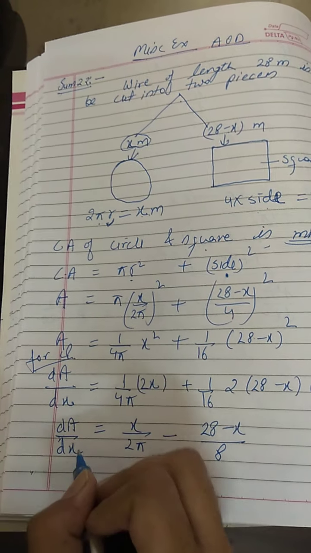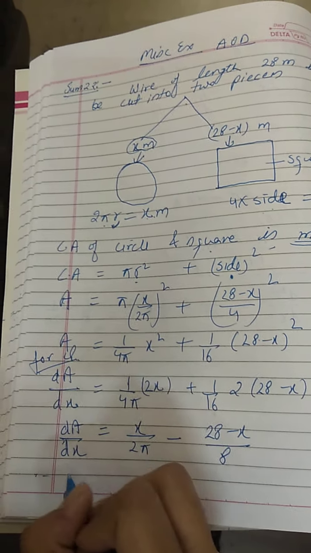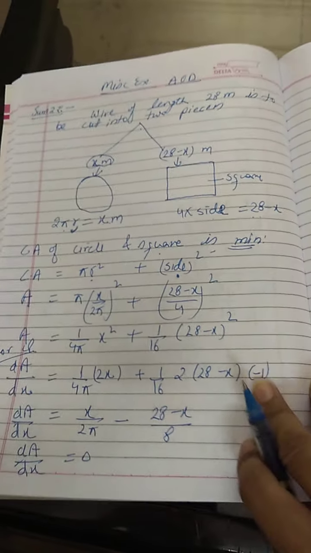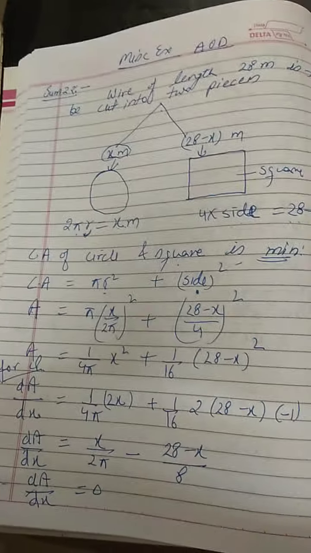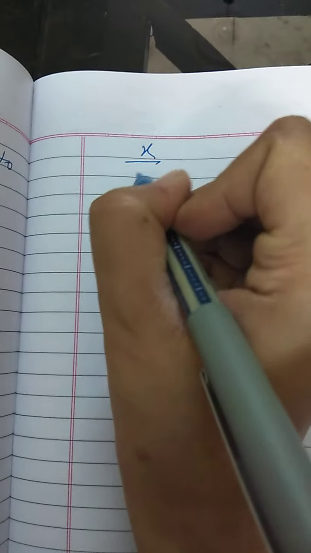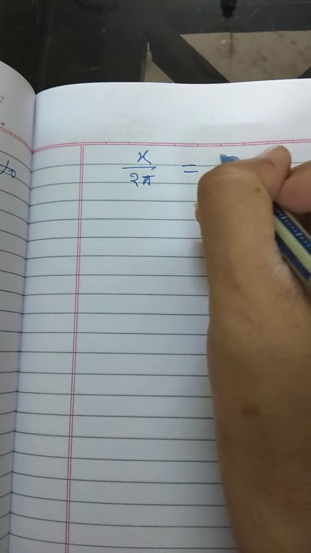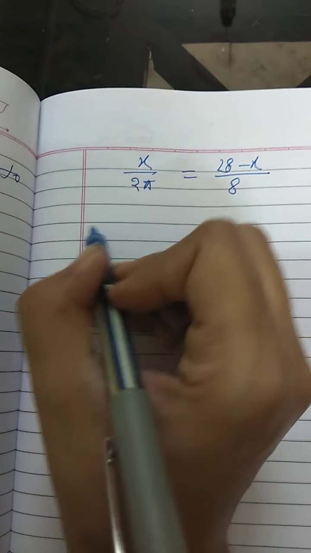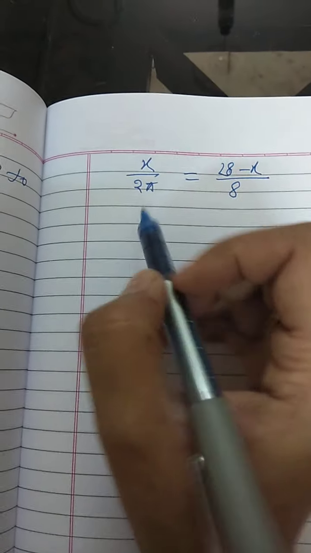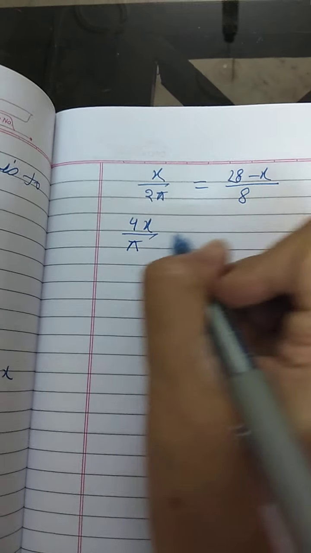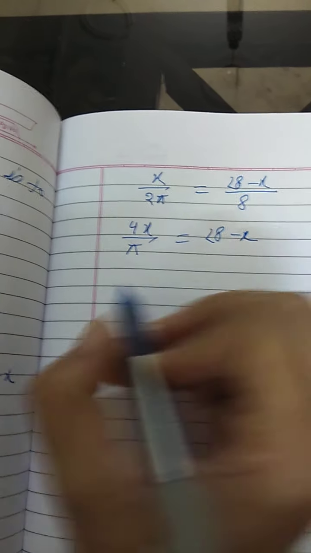Now in order to find the critical point, this dA by dx should be equal to 0. So when we equate this derivative to 0, we get x upon 2 pi is equal to 28 minus x upon 8. When we convert it, we get 4x upon pi is equal to 28 minus x.